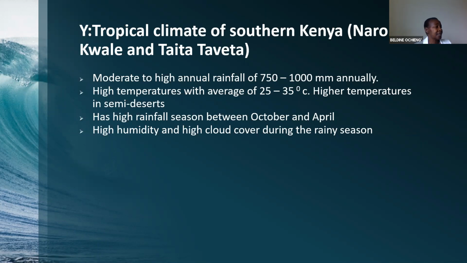Then high rainfall season between October and April. High humidity and high cloud cover during the rainy season. That is what we have for the southern climate of Kenya, Narok, Kwale, Taita Taveta.